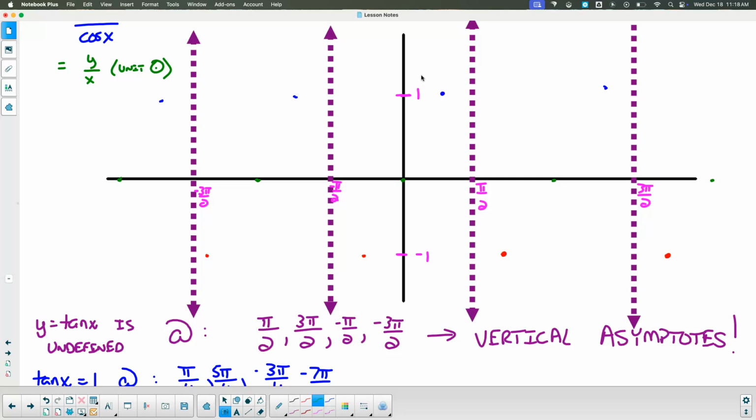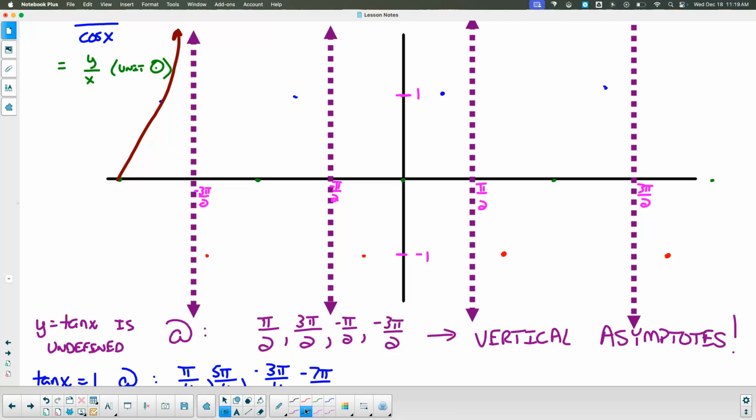Because there's really no other easy ones, right? We hit up 0, we hit up 1, we hit up negative 1, we hit up undefined. Okay? Now remember what you guys told me. Can't cross a vertical asymptote, yes? So if I can't cross a vertical asymptote, then this function is going to go off shooting to infinity.